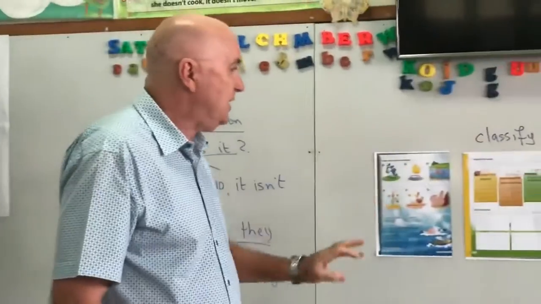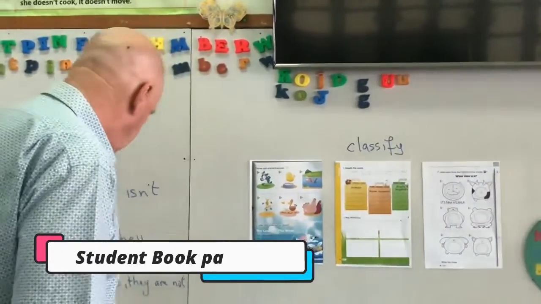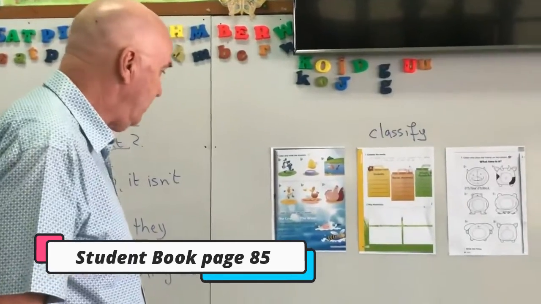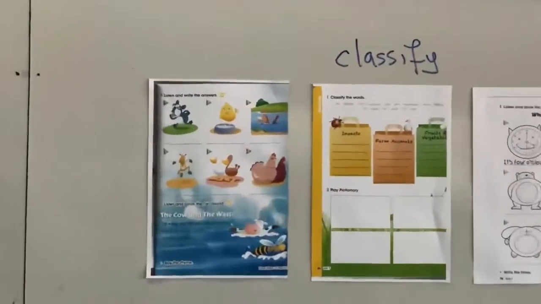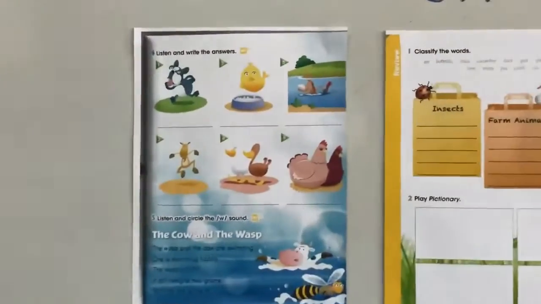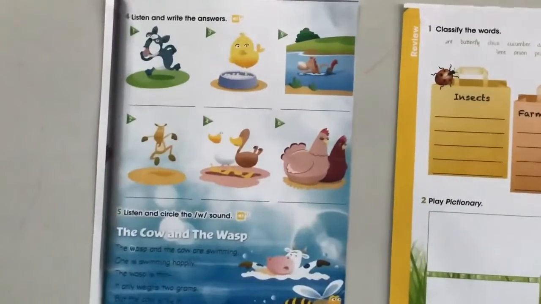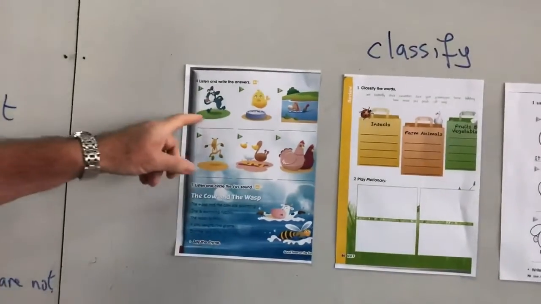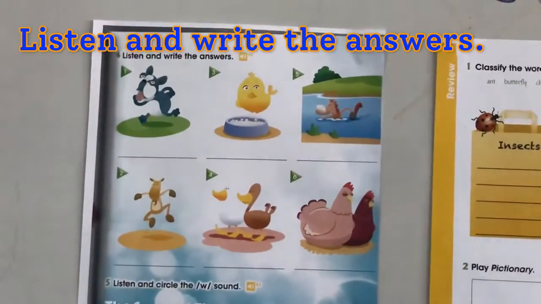So, let's use this on student book page 85. Okay? And let's look at the first one. So, we've got 6 little animals here, and I want you to listen and write the answer.